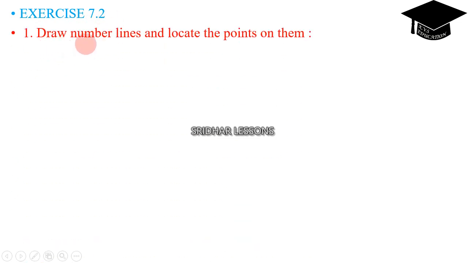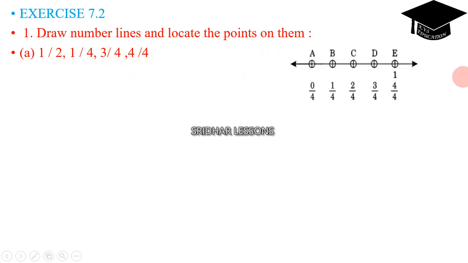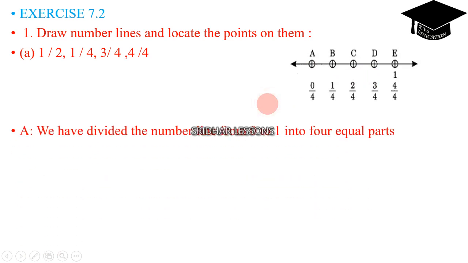We will look into exercise 7.2. First problem. Draw a number line and locate the points on them: 1 by 2, 1 by 4, 3 by 4, 4 by 4. This is the number line. We have divided the number line from 0 to 1 into 4 equal parts.